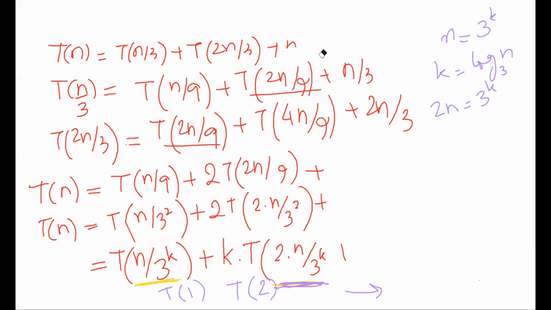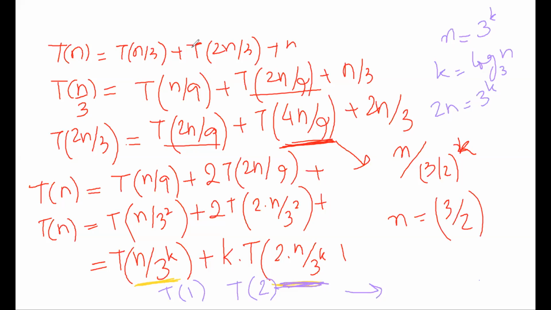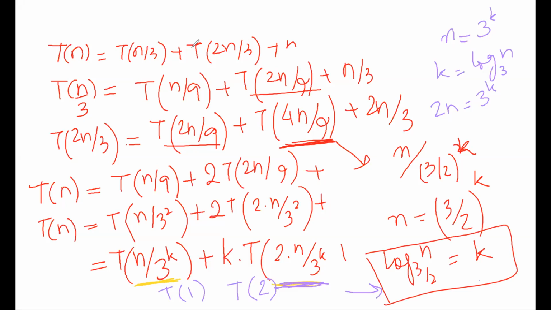So the longest branch will be this one, n divided by (3/2)^k. So if n is equal to (3/2)^k, this is the longest branch, then you have log n to the base 3/2 equal to k. Then this will be the longest branch, and the height, or the number of steps from root to the leaf node, will be these many.